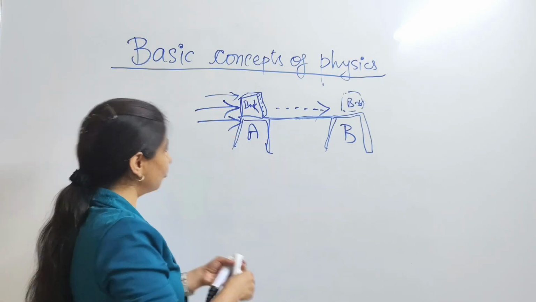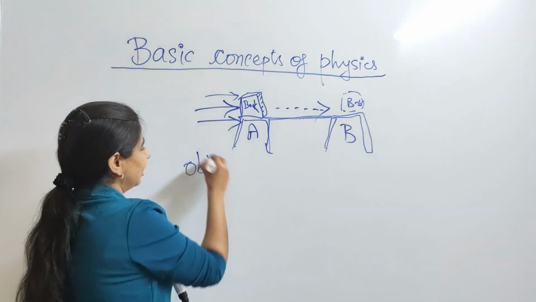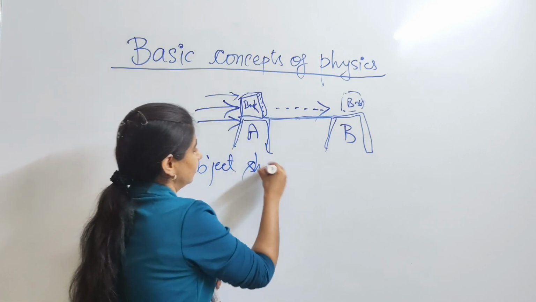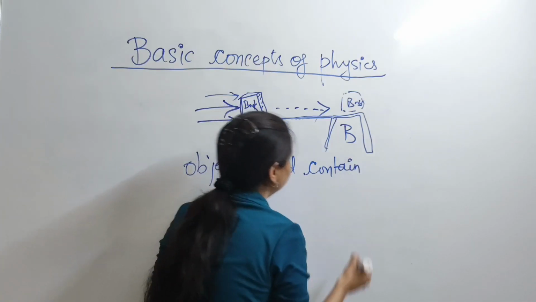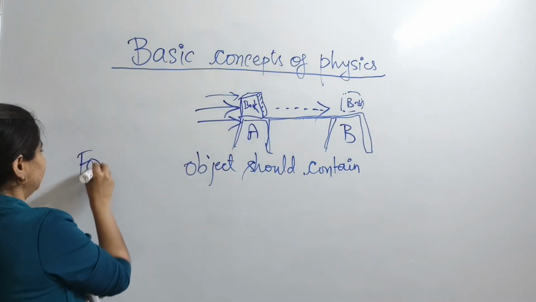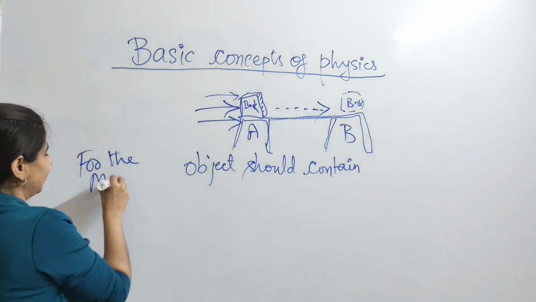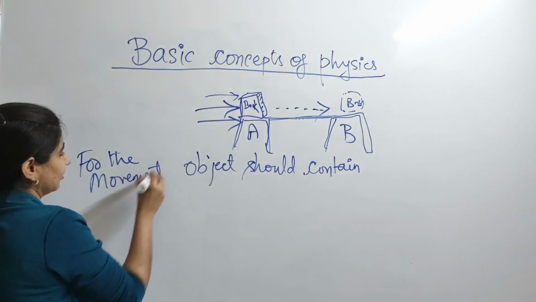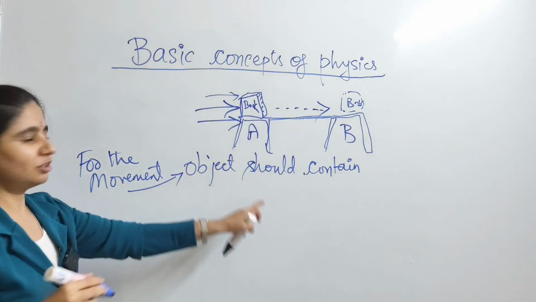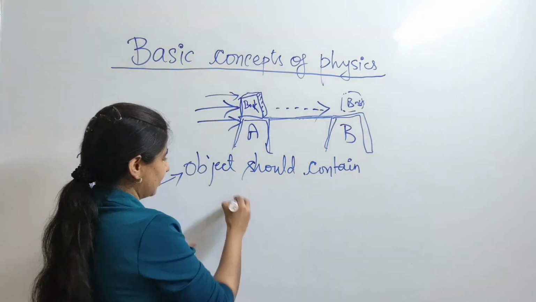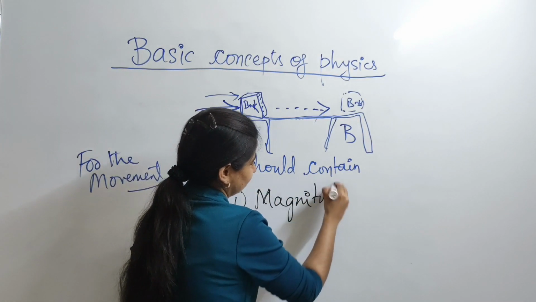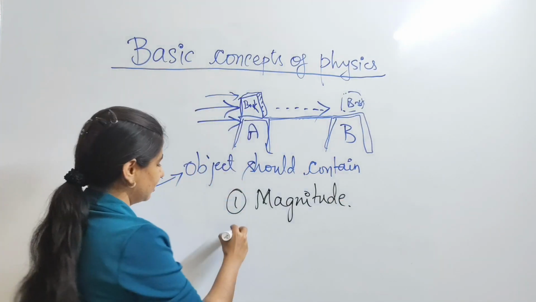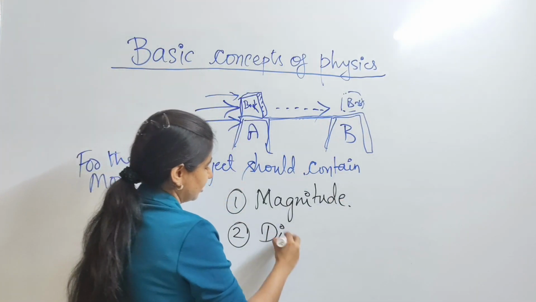So for the movement, an object should contain, first one, magnitude, second one, direction.